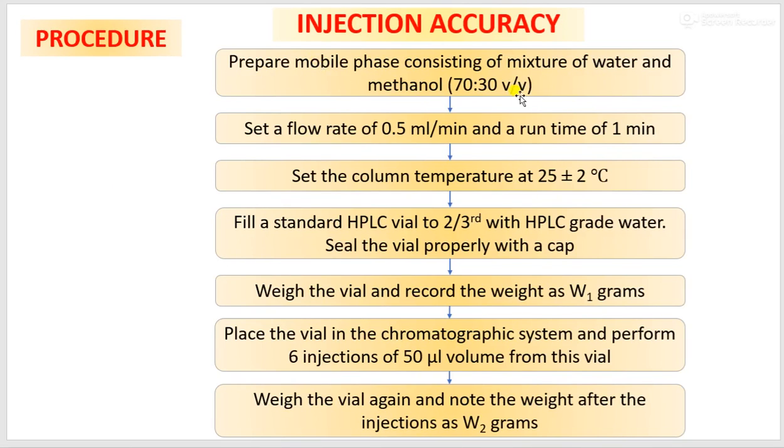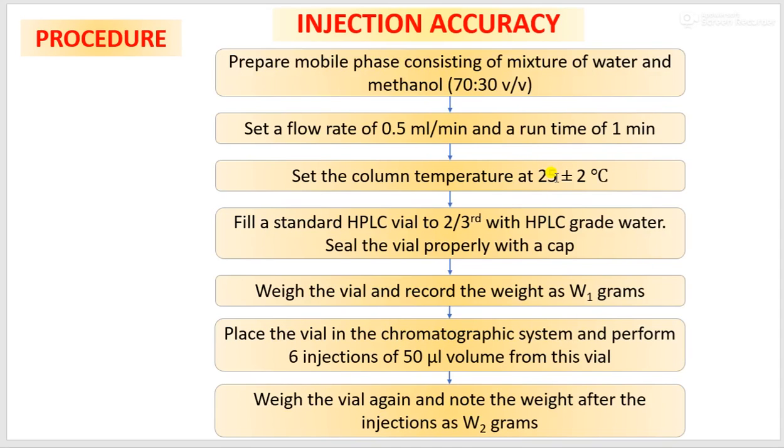You have to place the mobile phase in the reservoir. Set the flow rate of mobile phase at 0.5 ml per minute and set the runtime of your method 1 minute. If you have column oven with your system, you have to set the temperature at 25 degree plus or minus 2 degree centigrade.